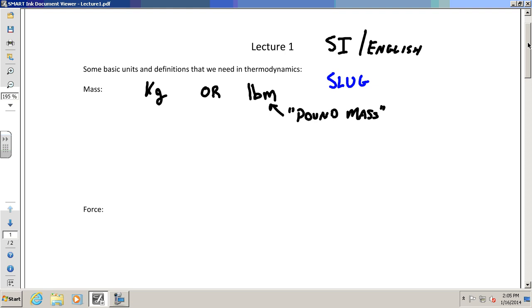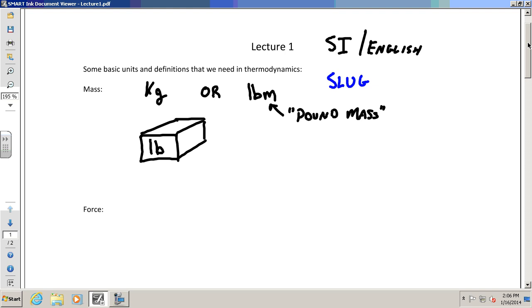Now, it's pretty easy to understand a pound mass. If you have some kind of box, and it has a weight of 1 pound, we all know what a pound is.